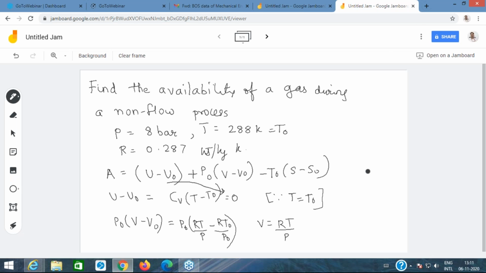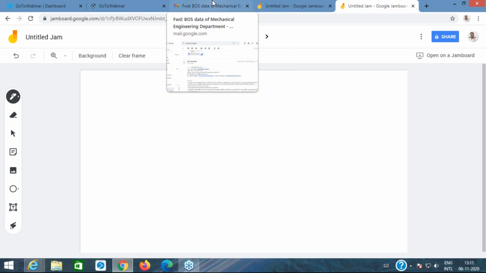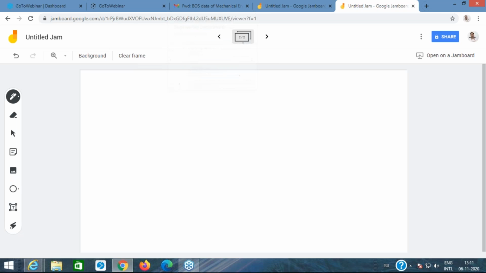For an isothermal process, the entropy change, that is S naught minus S1, is equal to del Q by T. For an isothermal process, you need to substitute the appropriate expression.